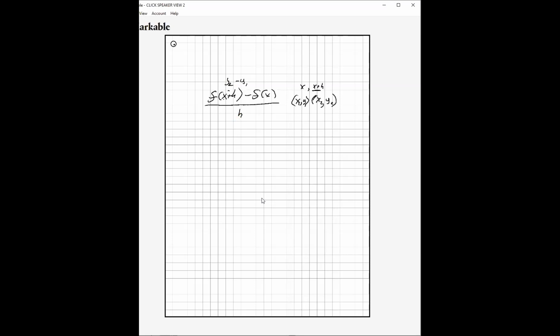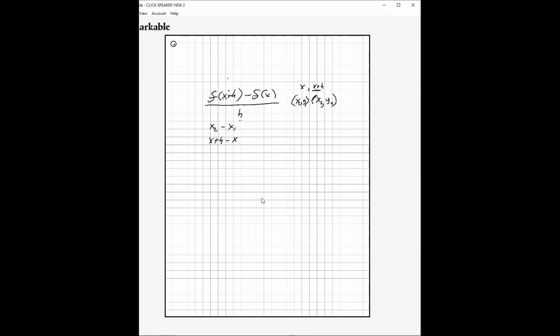And to get this h here, that's the x values, x sub 2 minus x sub 1, which is x plus h minus x, right? And x minus x is just h. And so h is that distance between the 2 x values. Yep. Now this one's super familiar. So this is just slope.